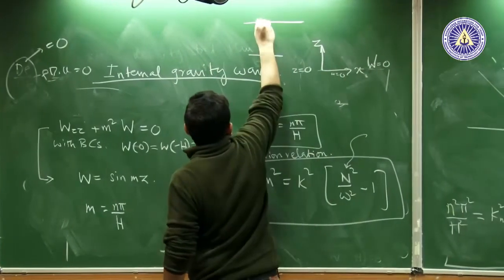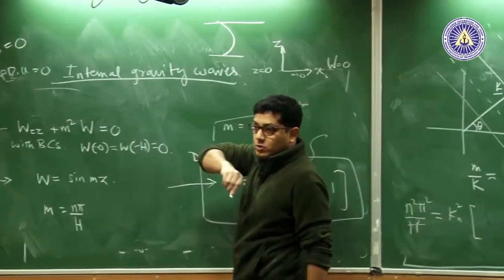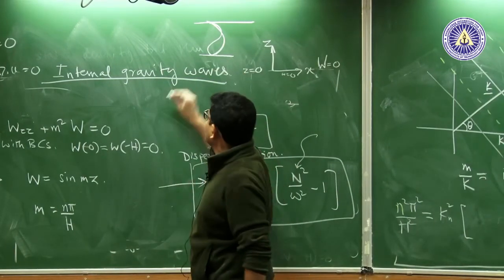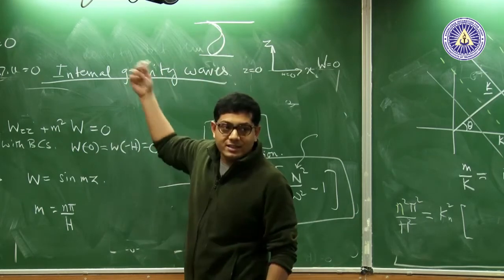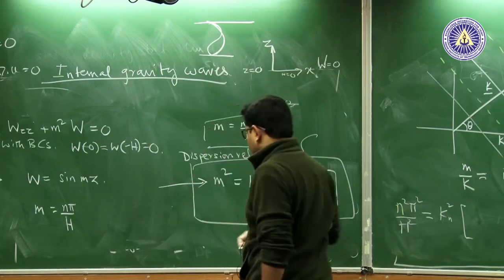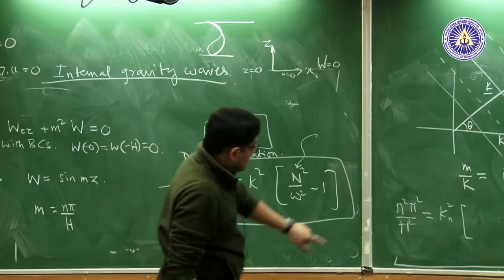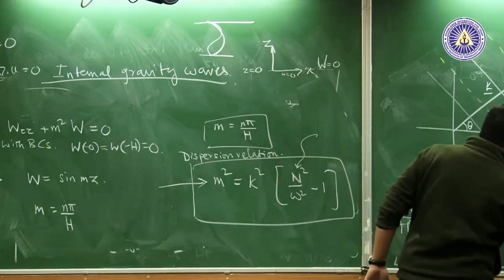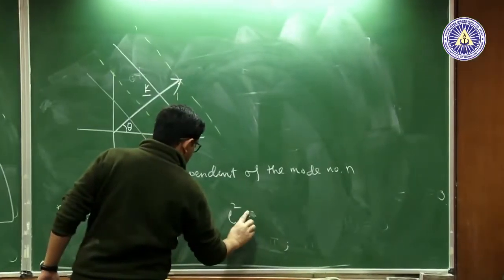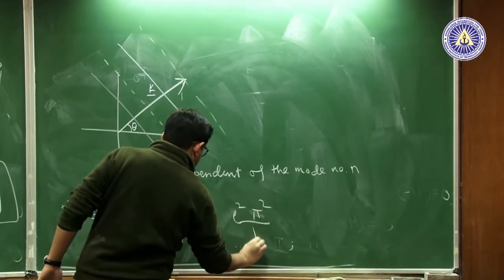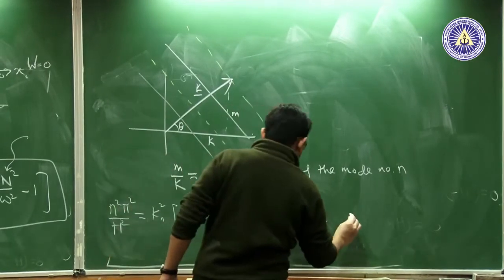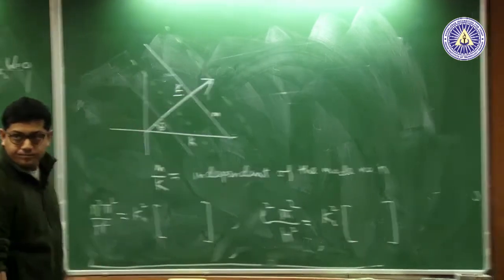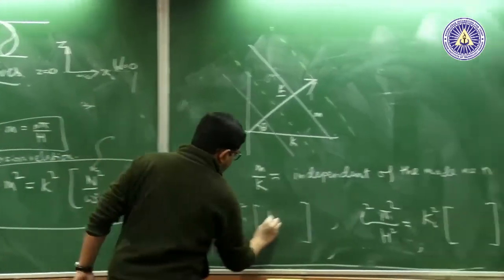If you have forgotten, n is 1, looks like this, that is the first mode. The second mode would be like this, and so on. You can keep on increasing. Some other mode L square pi square by h square is k_L square times the same thing. And what is this thing?